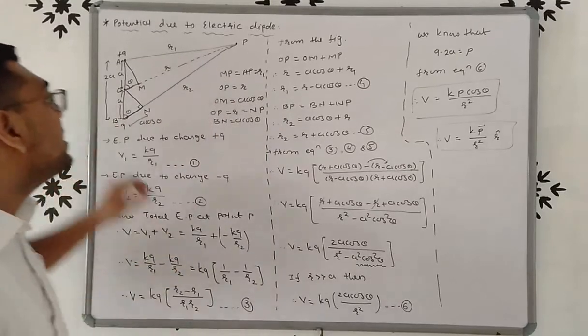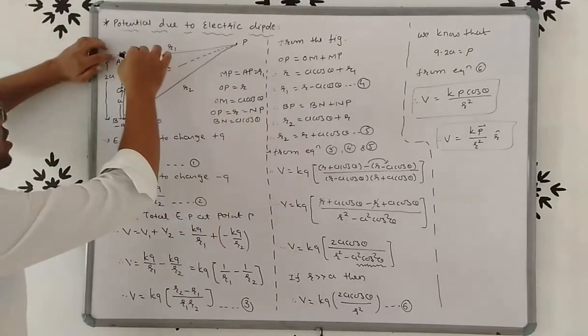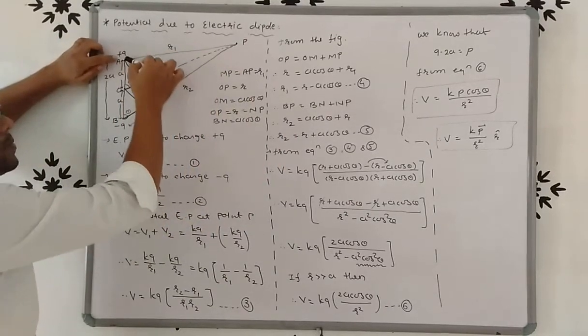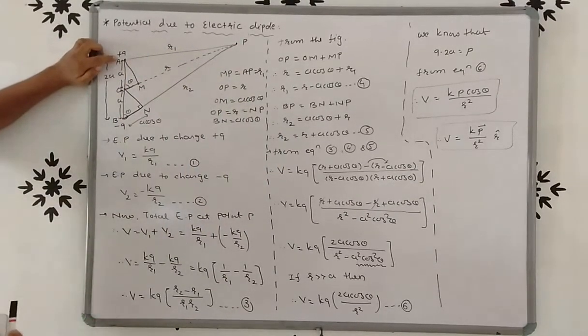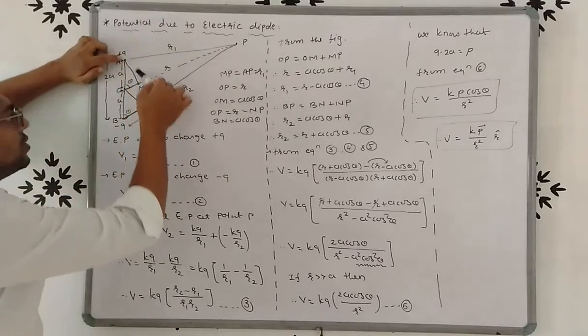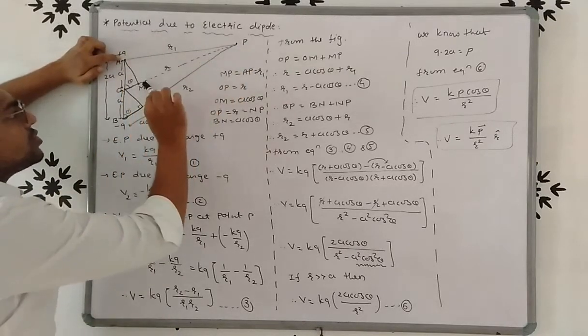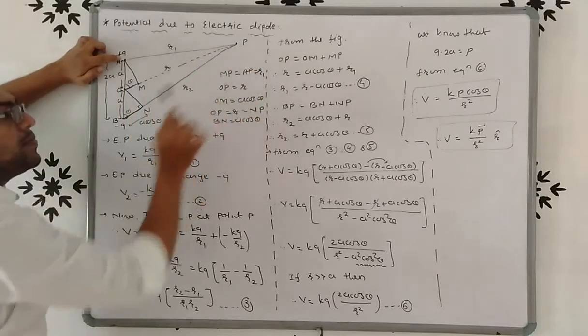So to derive the relation, here we draw a normal from point A to OP. So this is the normal AM, right? As we draw the normal, from the figure we can say that AP is equal to MP is equal to R1.